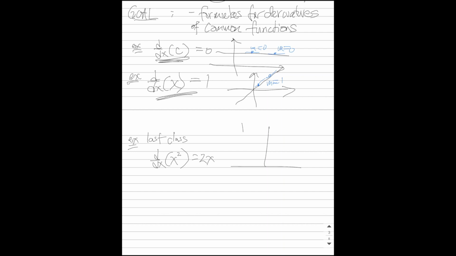Interpreting it visually, it says if I were to take some point on the graph, so for instance at x equals 0, I should get a slope of 0. If I go to x equals 1, the formula should tell me that the slope is different. And if I go to another location, let's say x equals -2, the slope would be -4.